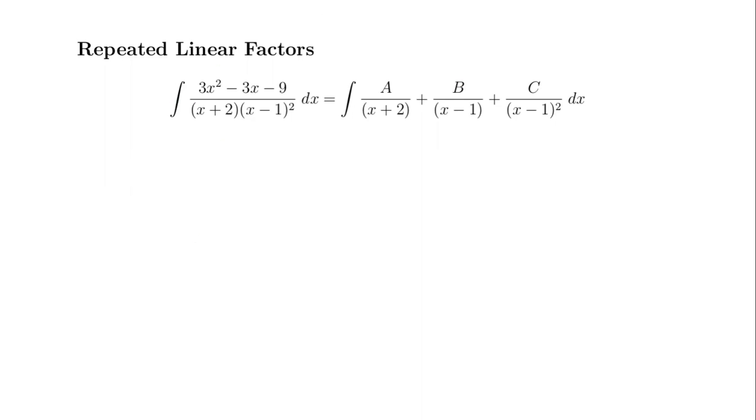What we're going to do now is figure out what that equation of the numerators is going to be. We have to multiply an x minus 1 squared on the top and the bottom of this one. We have to multiply an x minus 1 and an x plus 2 on the top and the bottom of this one. And on this last piece, we have to multiply just an x plus 2 on the top and the bottom. Now, we don't really care about the denominators, because you're going to get x plus 2 times x minus 1 squared in all three of these.